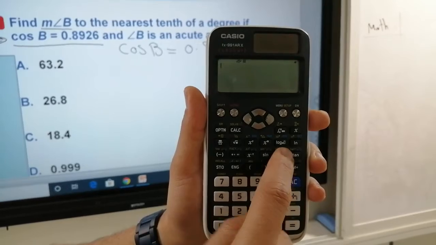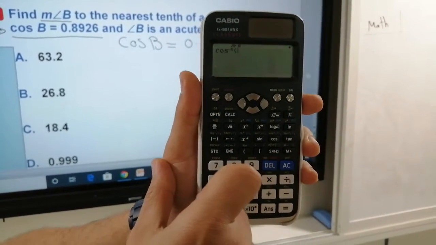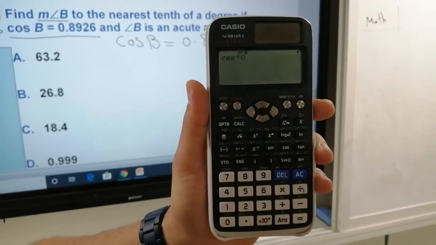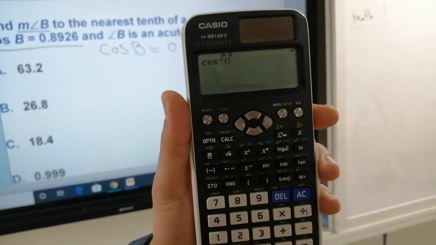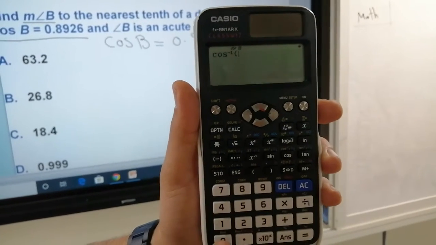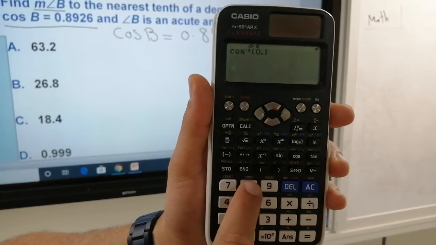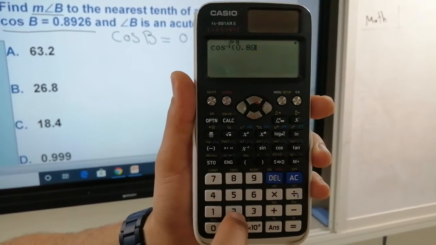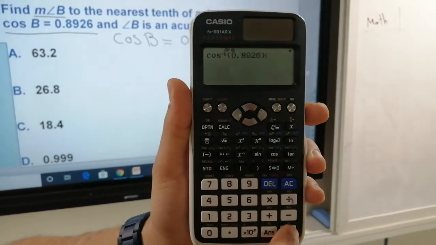I press shift and cosine. As you see, it shows cosine negative 1, which means the inverse of cosine. And then you must write the value, 0.8926, then close the bracket and press equal.